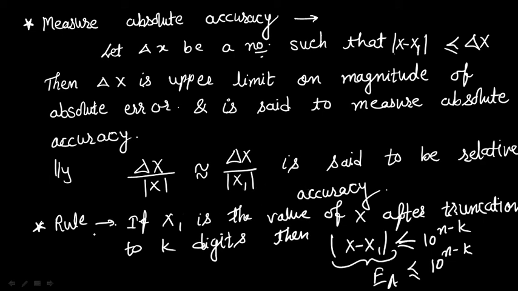Now here is an important rule which we use for calculations in numerical methods. If x1 is the value of x after truncation to k digits, then mod of (x minus x1) is less than or equal to 10 to the power n minus k. This value is EA, therefore the absolute error is less than or equal to 10 to the power n minus k. This is regarding the error analysis.